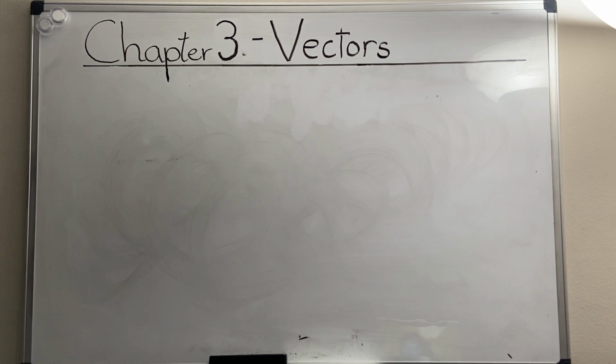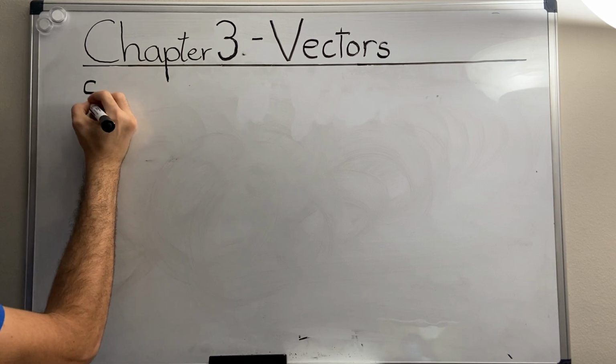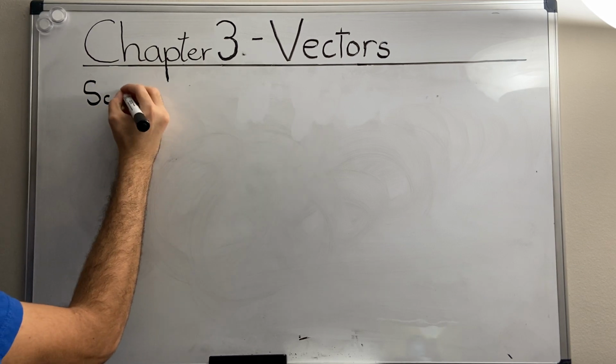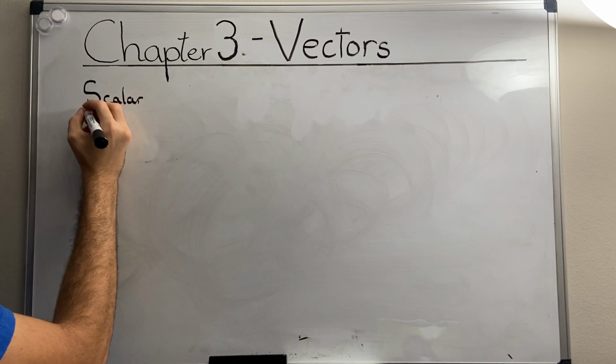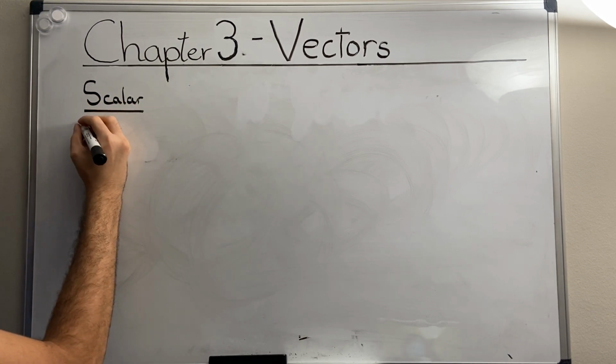Before defining what a vector is, we're going to start by defining scalars. So, the definition of a scalar is the following.